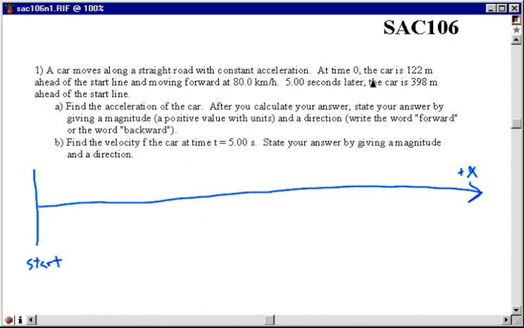And let's say at time 0, it's already well ahead of the start line. Let's put our car right there. This is x equal to 0. So this will be x equal to 122 meters.